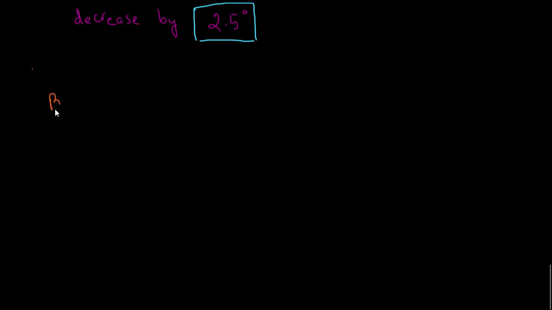So the bond angle in BF3, right? I know that there are 3 bonds. Before I rush into it and say what the bond angle is going to be, the central atom is boron, and it has 3 fluorines attached to it.